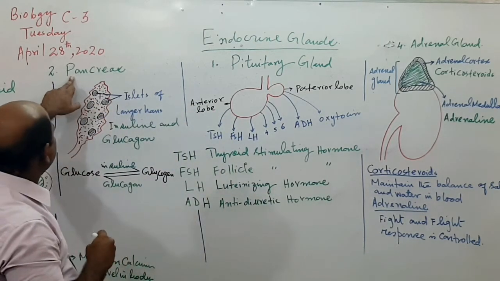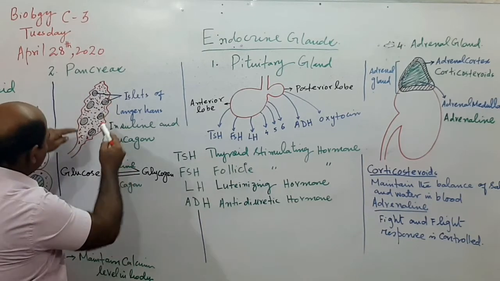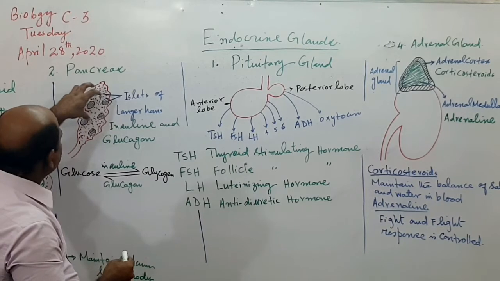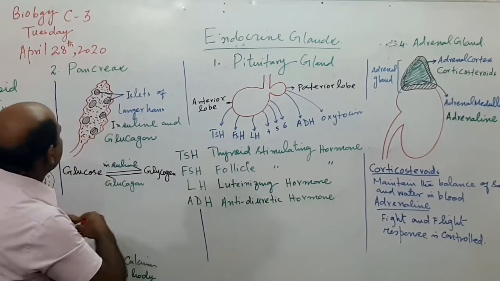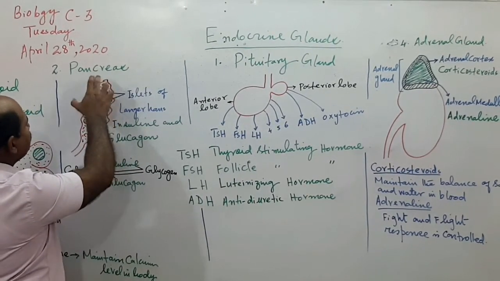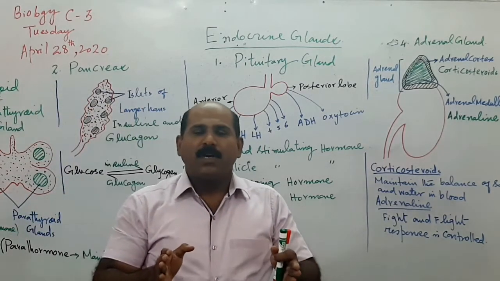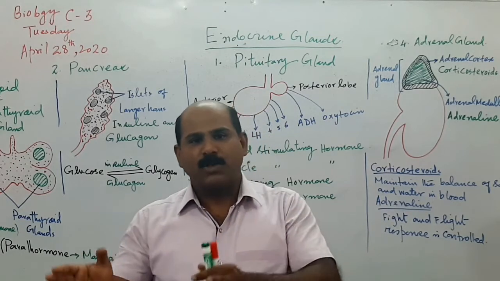Then comes another very important gland, which is the pancreas. I told you yesterday that this is not in the abdomen, and it is not above the kidneys. It is present below the stomach, and there are some special organs. This is the gland in our body which is at the same time endocrine as well as exocrine.